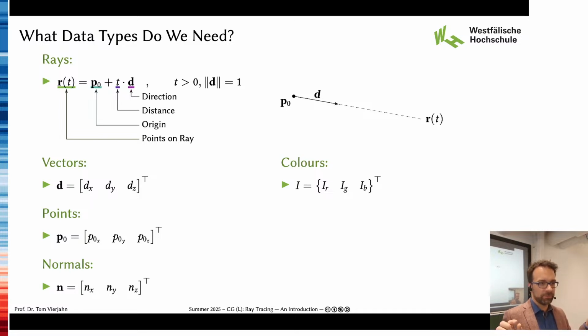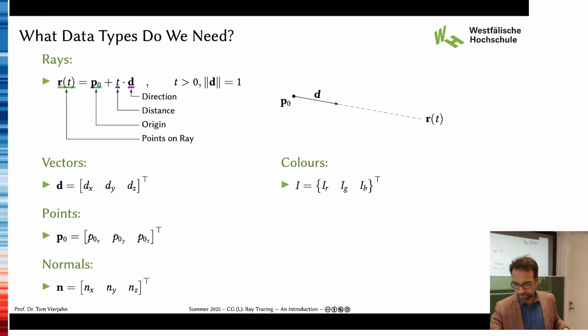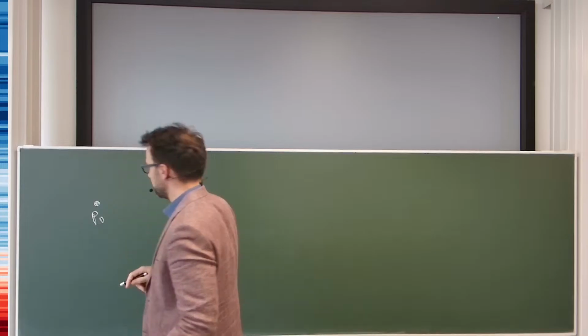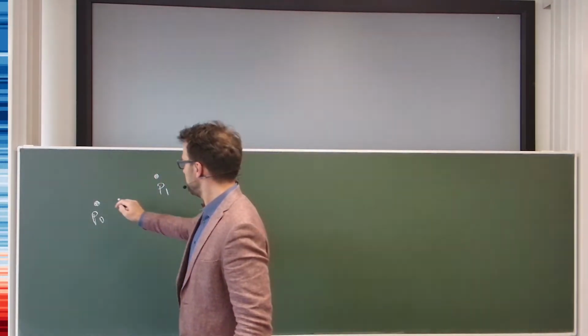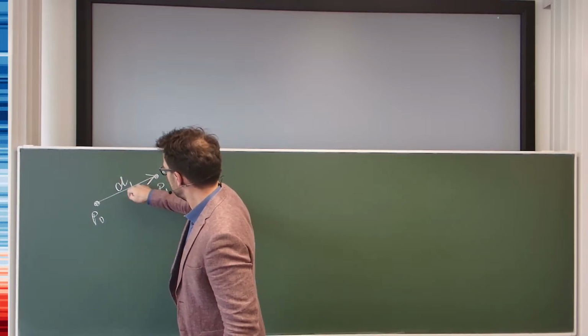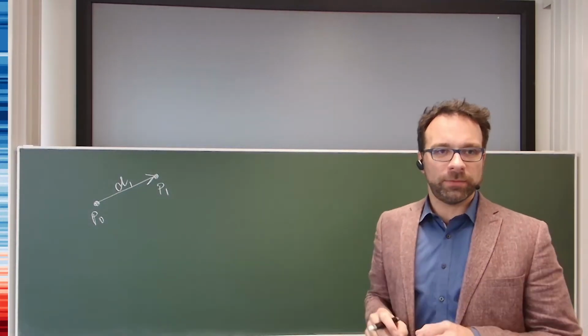That is another vector. So consider you have 3 points. Just let's make it this way. We have a P0 and a P1. Then we can create the vector D1 taking you from P0 to P1.